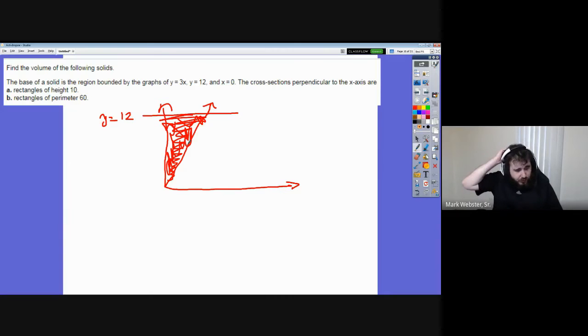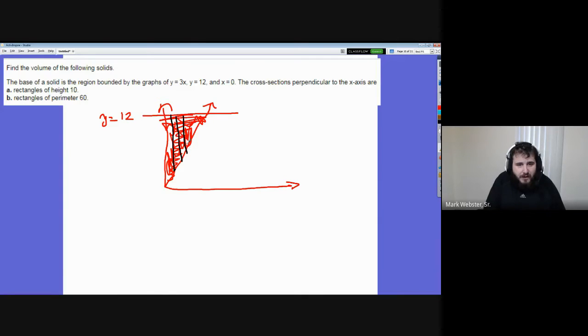So we've got a bunch of different options for how we want to take care of this part. But remember, what we're trying to work with are these cross sections. So we're talking about these rectangles right here. And what's the base of this rectangle? How big is the distance here?